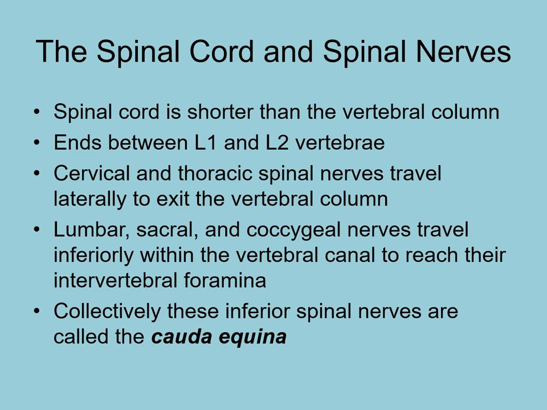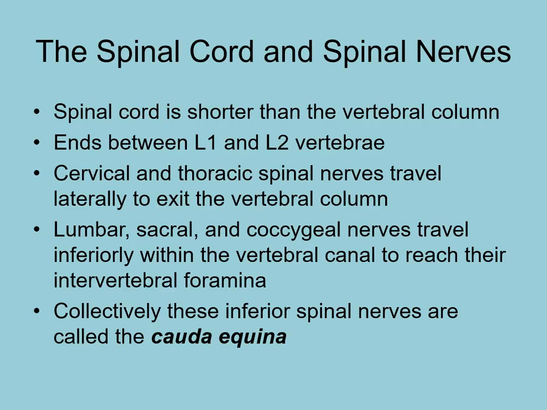The cervical and thoracic spinal nerves are going to travel laterally to exit the vertebral column, but the lumbar, sacral, and coccygeal nerves are going to have to travel inferiorly down through the vertebral column to reach where they then need to exit via the intervertebral foramen. So they're going to move down and then out.